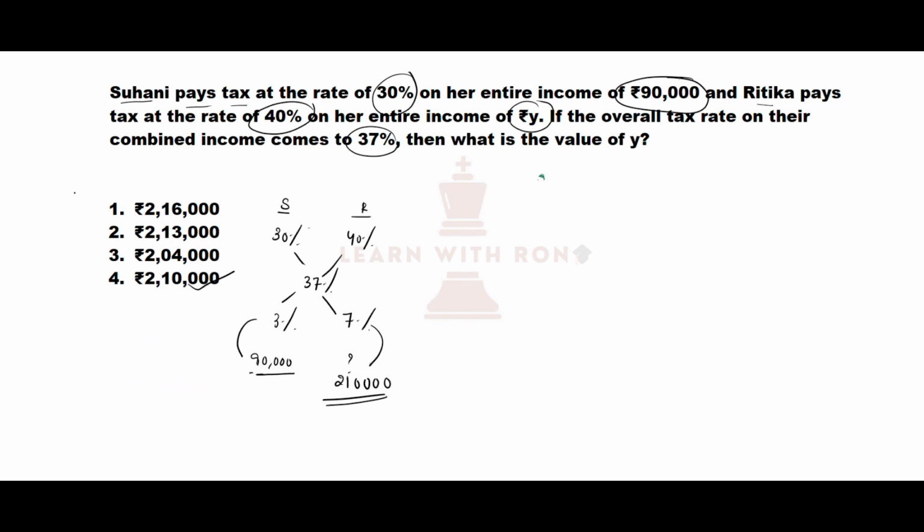So here they have given Suhani's income as 90,000 and tax 30%. Ritika income as Y, tax as 40%. So they have given 37% combined tax from both the incomes of Suhani and Ritika.